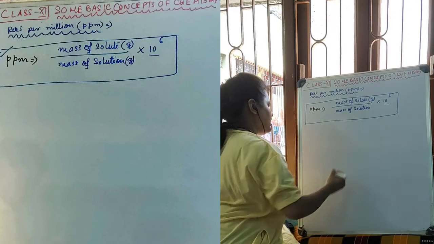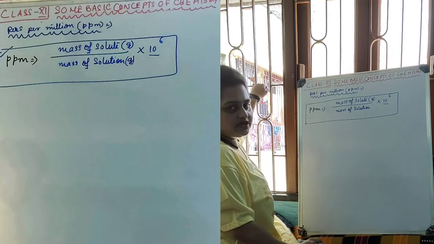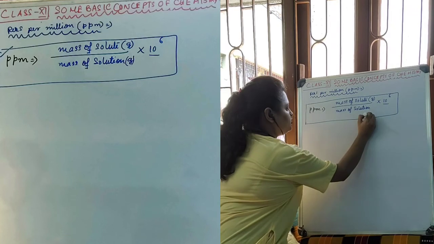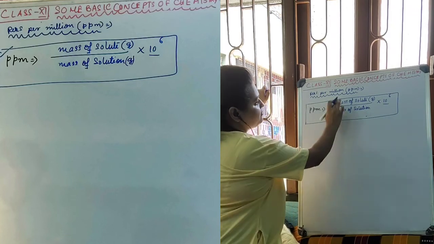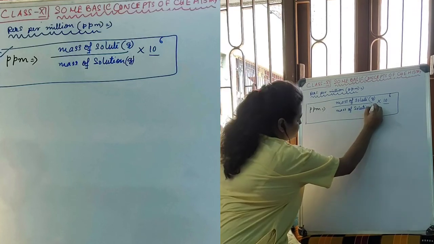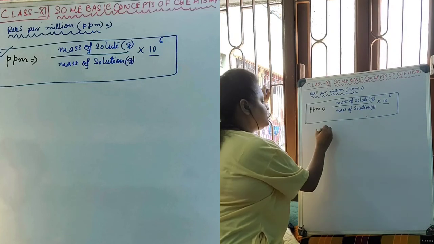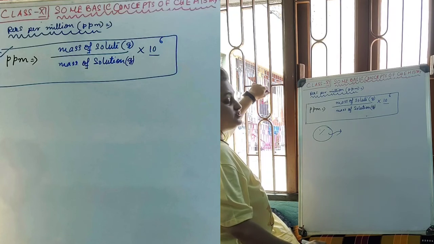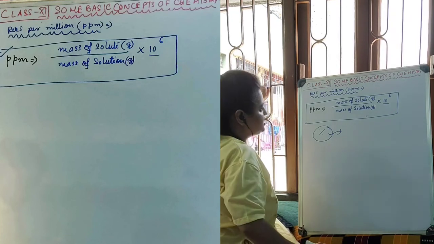Now, why am I taking the 10 to the power 6 term? This is similar to the 10 to the power 2 term. When we multiply mass of solute in gram by mass of solution in gram, multiplied by 100, we are trying to convert the amount with respect to a percentage.